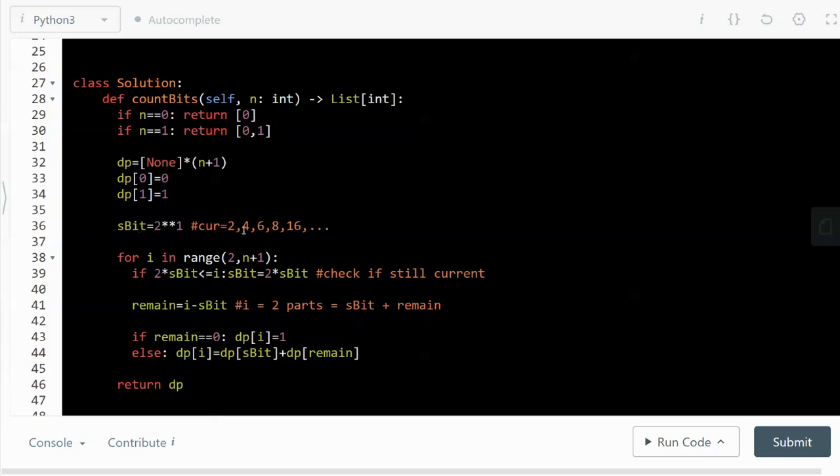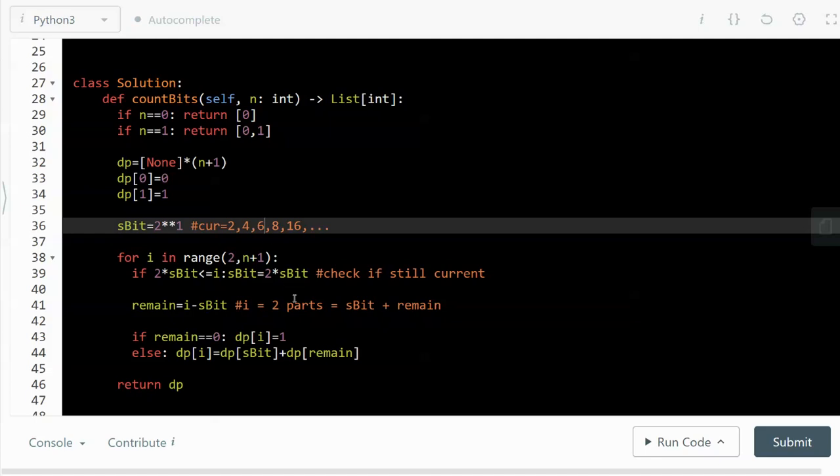The first one is 0, the next one is going to be 4, the third one is going to be 8, and then 16 and 32, etc. And then i goes over the range of 2 to n, because 0 and 1 we have already dealt with, right? So the next one will be 2, 3, 4, 5, 6, all the way to n.